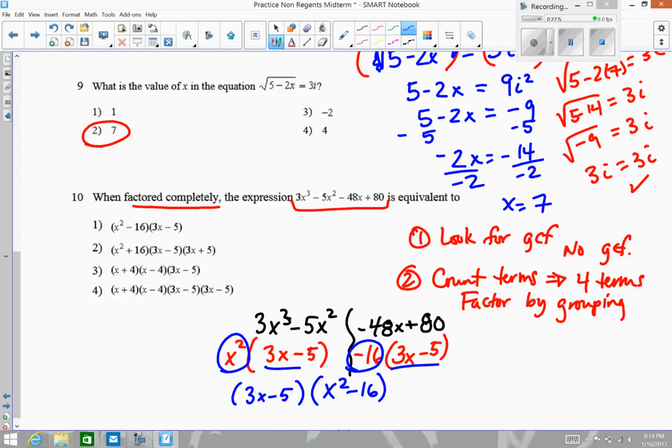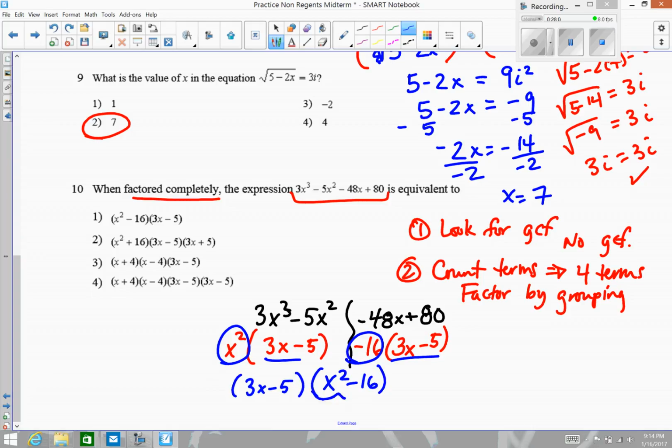Now this answer matches number 1, however it is not completely factored because this is a difference of 2 perfect squares and can be factored some more. x squared minus 16 can be factored into x minus 4, x plus 4, and we have our 3x minus 5. So our solution then is number 3.